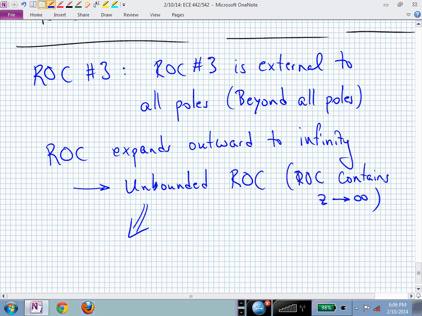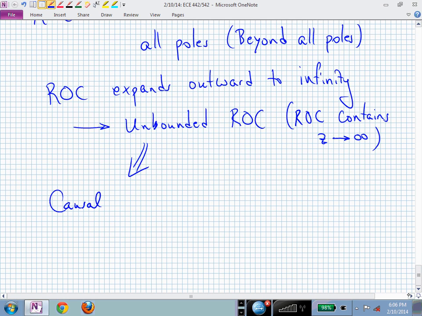The fact that the region of convergence contains infinity now says that the sequence is a causal time domain sequence. That means that all of the f sub 3 of n's are 0 when n is less than 0, when the time index is negative.